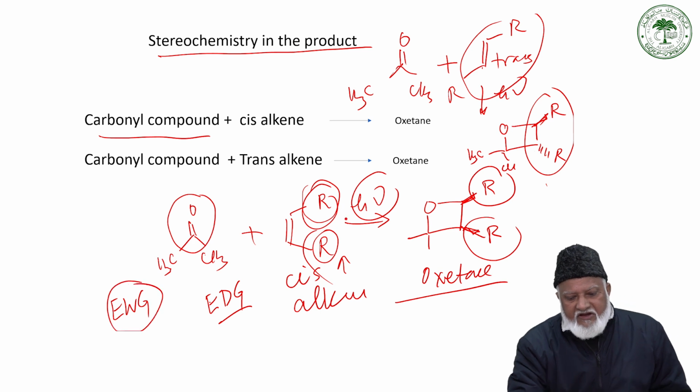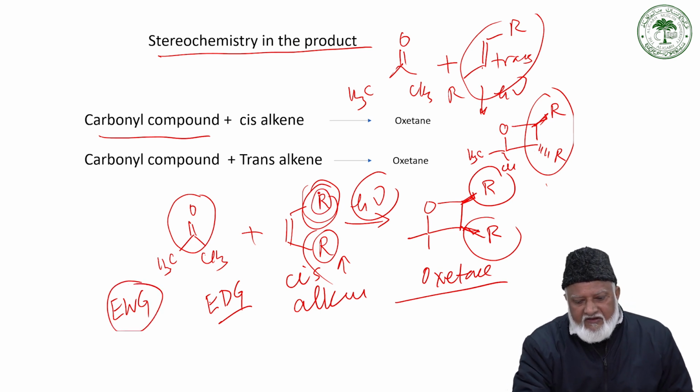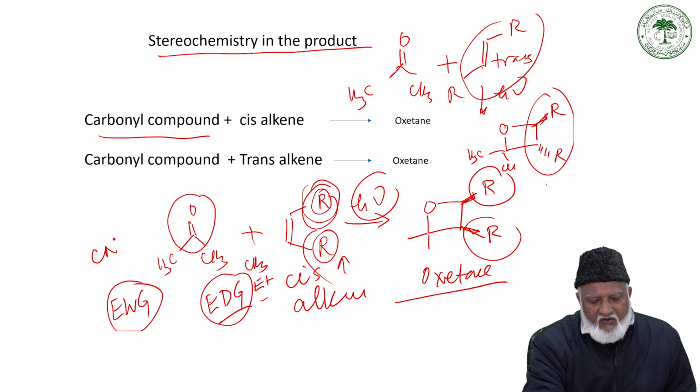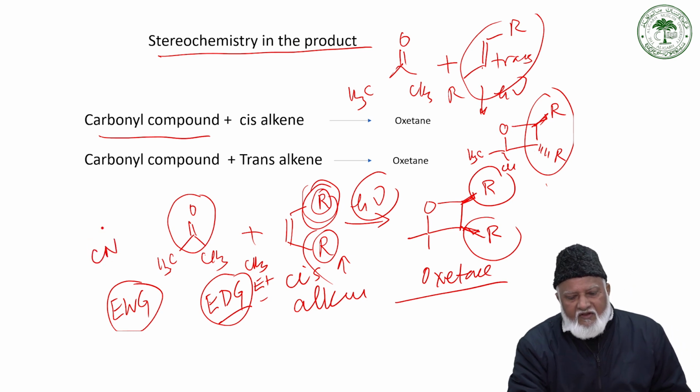So the nature of the substituent, whether R is electron donating like methyl, ethyl, propyl and so on, or electron withdrawing like cyano and so on, plays an important role.